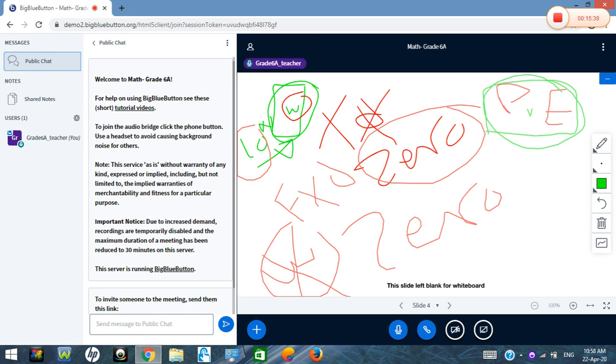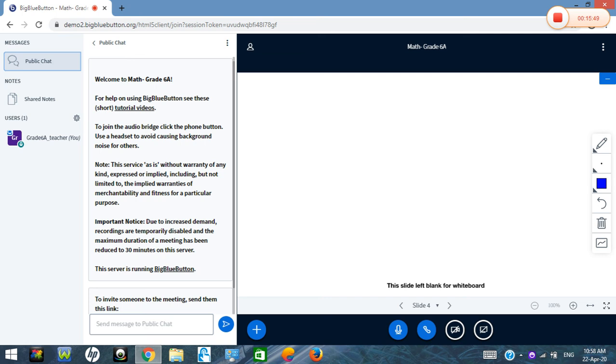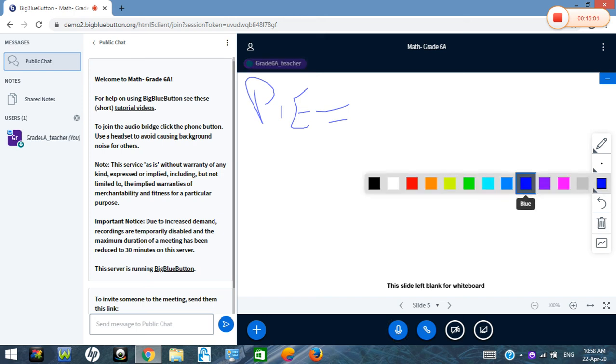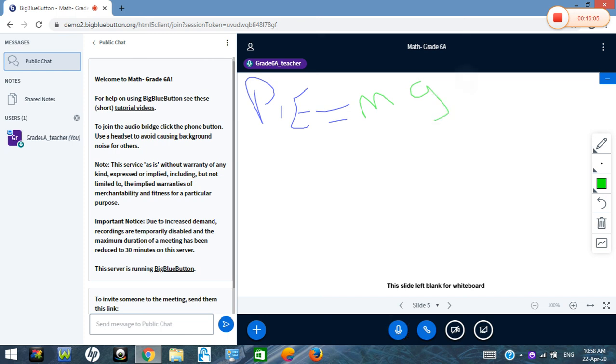Okay, potential energy equals mgh, m multiplied by g multiplied by h.